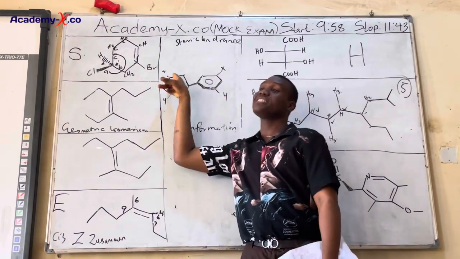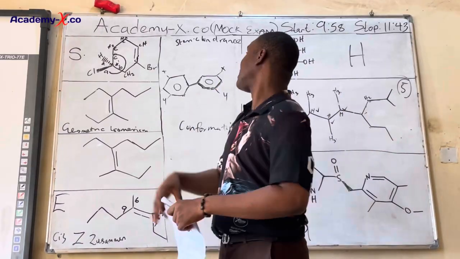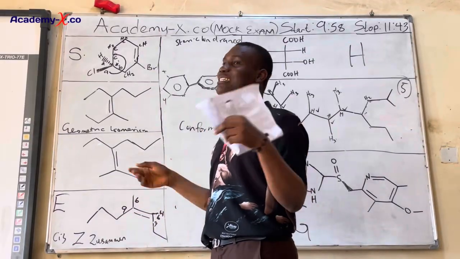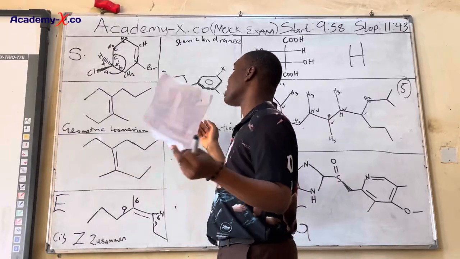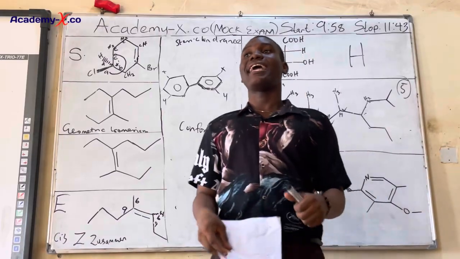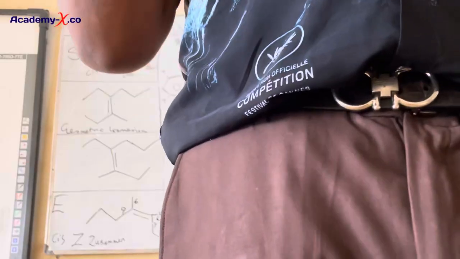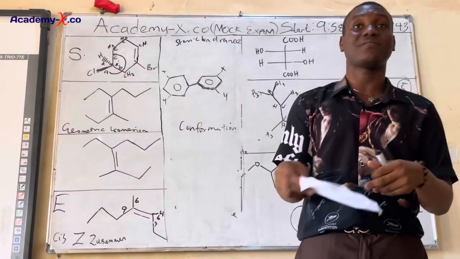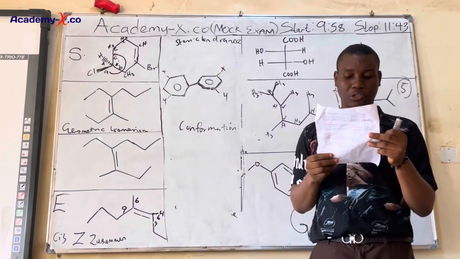So why don't you put it here? Because this will rotate freely, like this is a conformational compound, it rotates anywhere you want. But if you have it at the ortho position, it contributes to steric hindrance. So I hope you wrote all this down for me, because that's what I'll be marking. All these small points. You must mention steric hindrance for me to give you that mark. That is why this causes enantiomers.